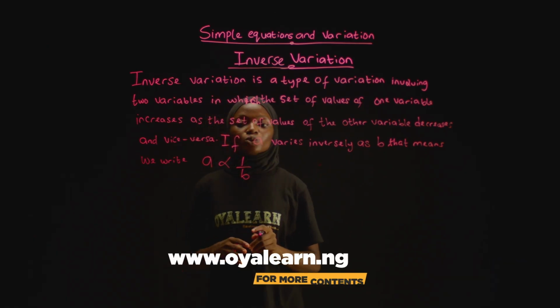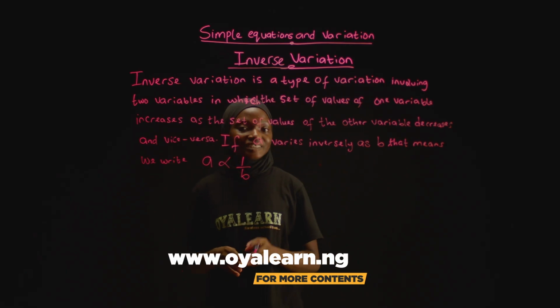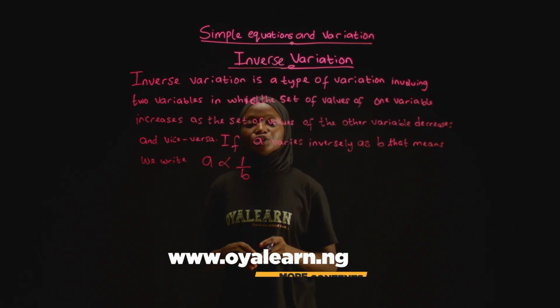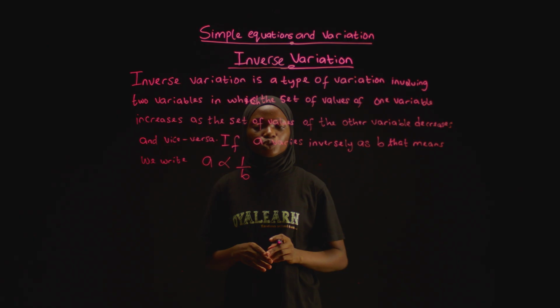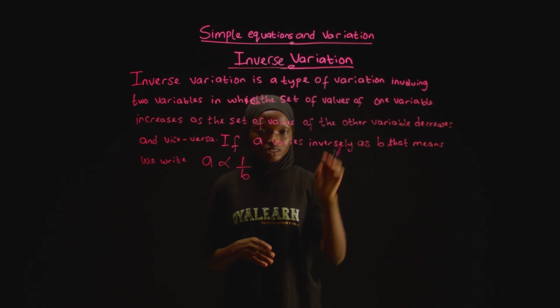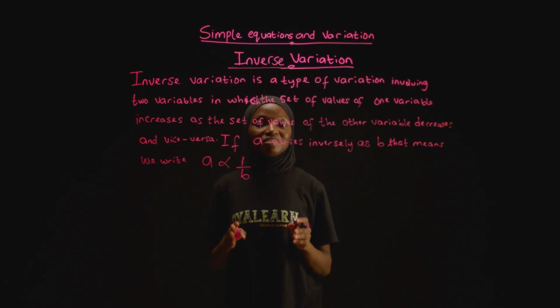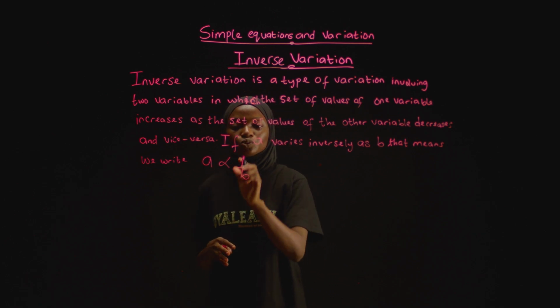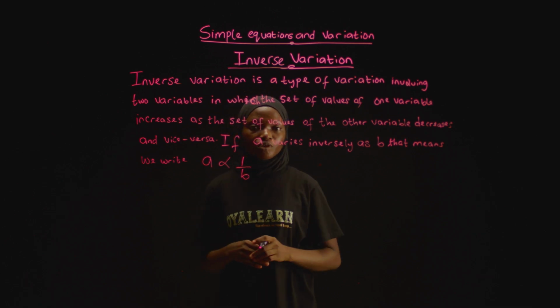Now, note the difference between inverse variation and direct variation. In direct variation, if A varies directly as B, that means we just write A varies as B. But here it is inverse. That's why we have A varies as 1 over the other variable.